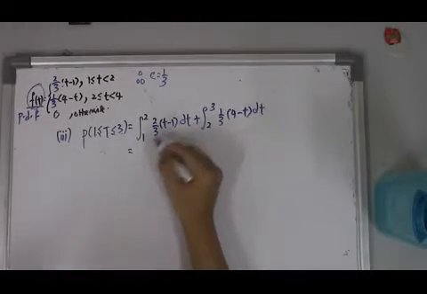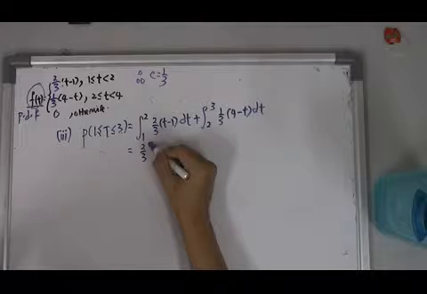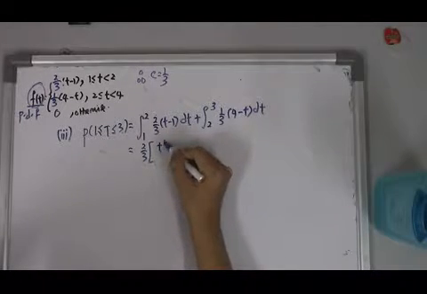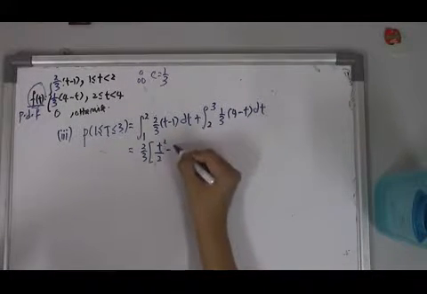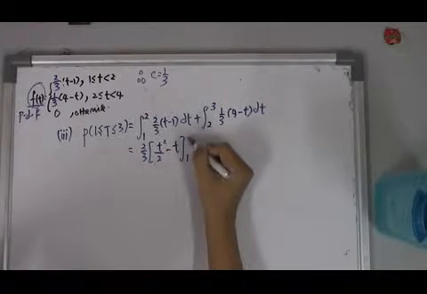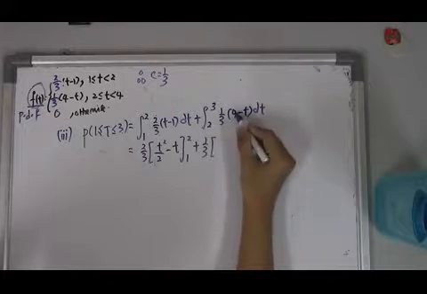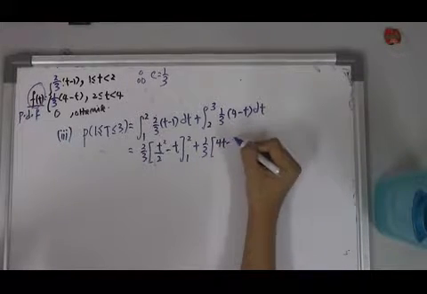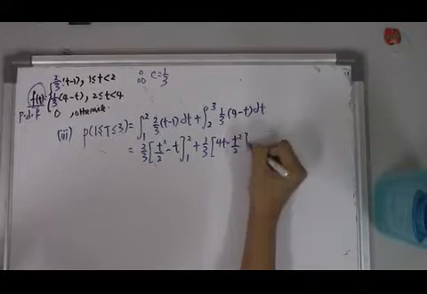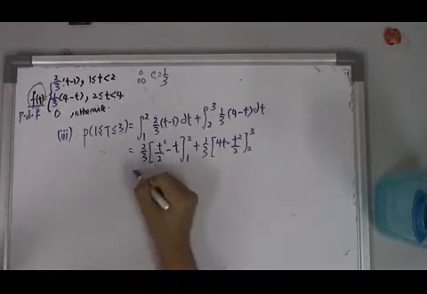Alright, so now integrate. This one will be 2 over 3 times t to the power of 2 divided by 2 minus t from 1 to 2, whereas this one will be 1 over 3 times 4t minus t squared over 2 from 2 to 3.